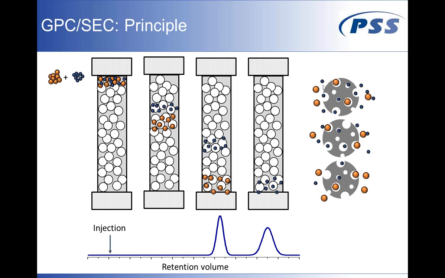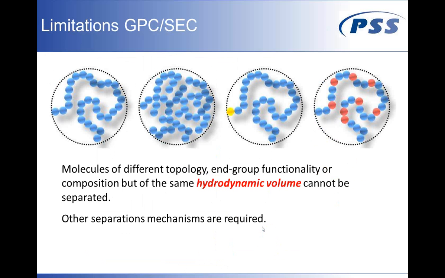And as a result, as you pass through the column, the large molecules come out first from the column and give a peak in your detector, and after a while you will have the small molecules coming out last. So what we have is a separation based on the size of the polymer molecules.